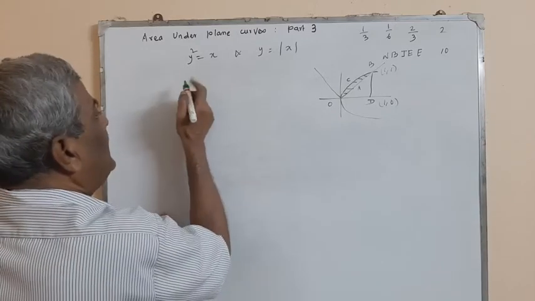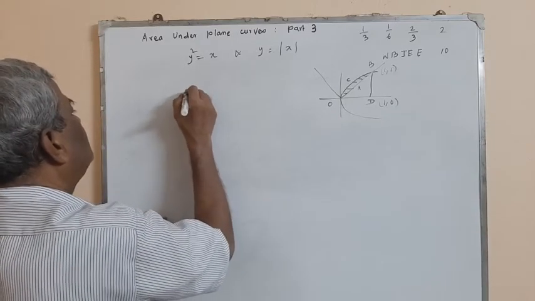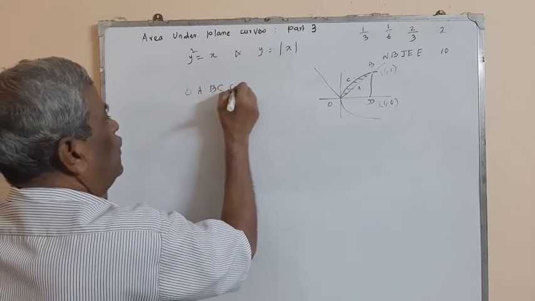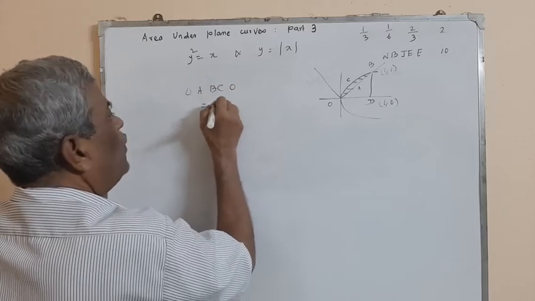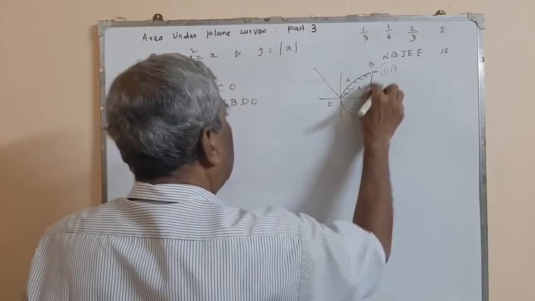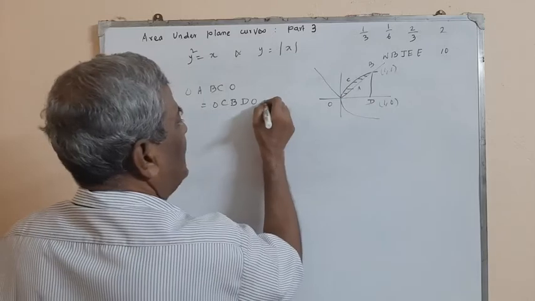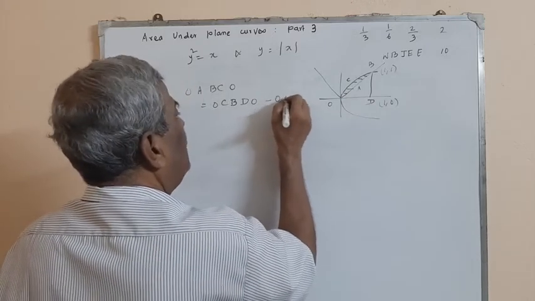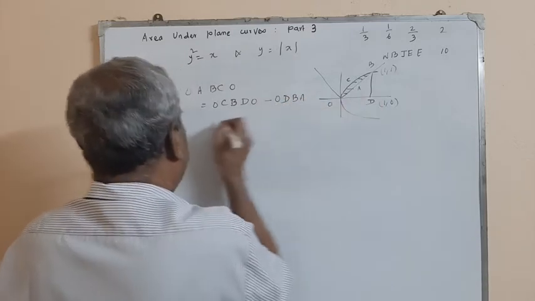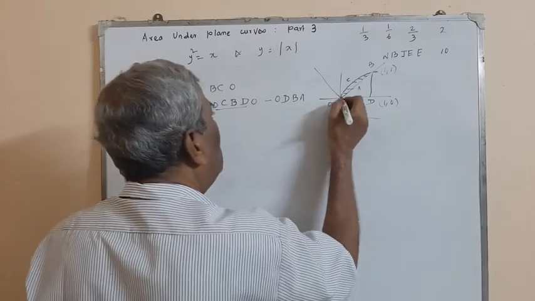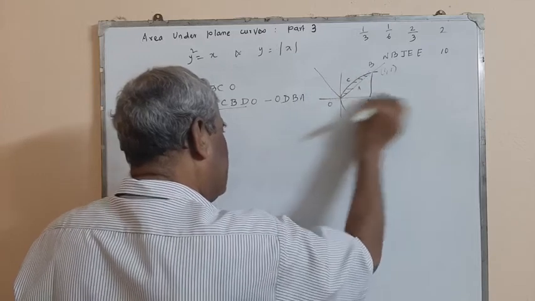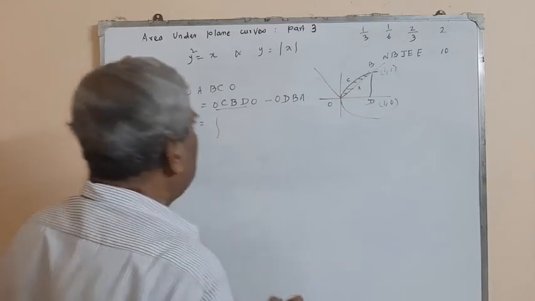So required region O, A, B, C, O is equal to O, C, B, D, O minus the white part, that is O, D, B, A. It is OCBDO. The x-axis is a boundary line, so y into dx.